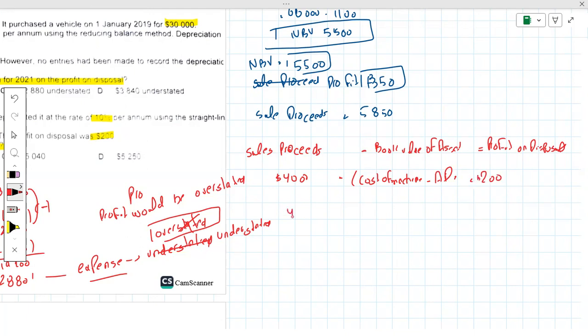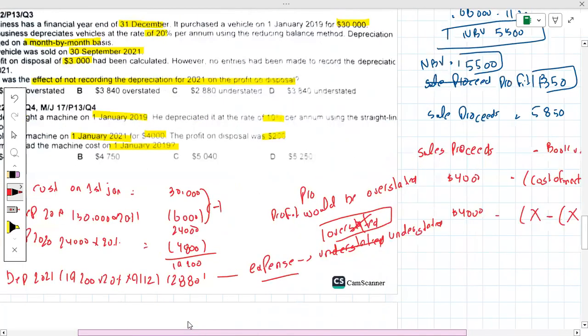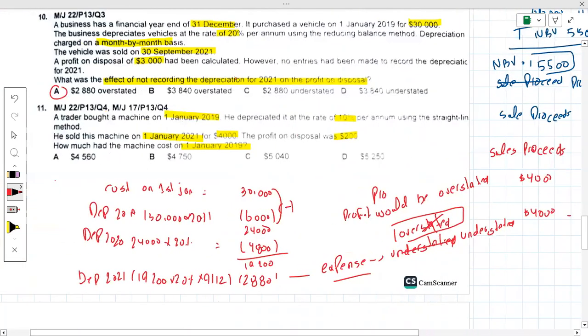Okay, so we are taking 4,000 as it is minus cost. So we are assuming that the cost of the machine would be X, and minus accumulated depreciation. So whatever the cost is, we are applying 10% on the cost. And we also have to multiply it by 2 because we have to charge the depreciation for 2 years.